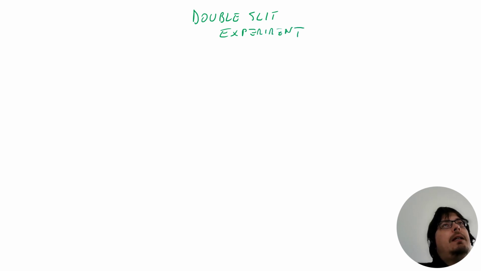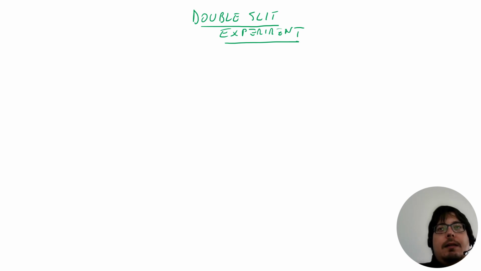Today I'm going to talk to you about a very famous experiment. It's called the double-slit experiment, and it's a paradigmatic experiment that can be done in the lab, for example.